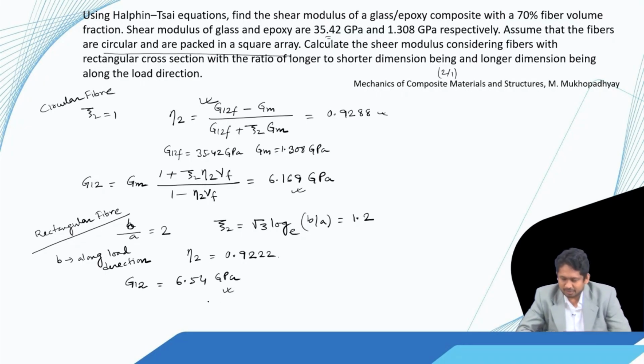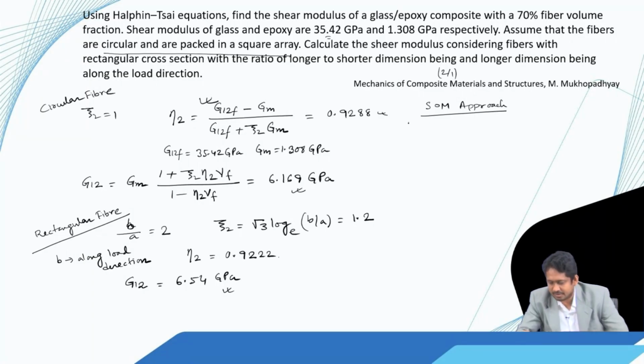Now, although it is not mentioned in the question, say you want to find out the same thing using the strength of materials based approach, just to get an idea.